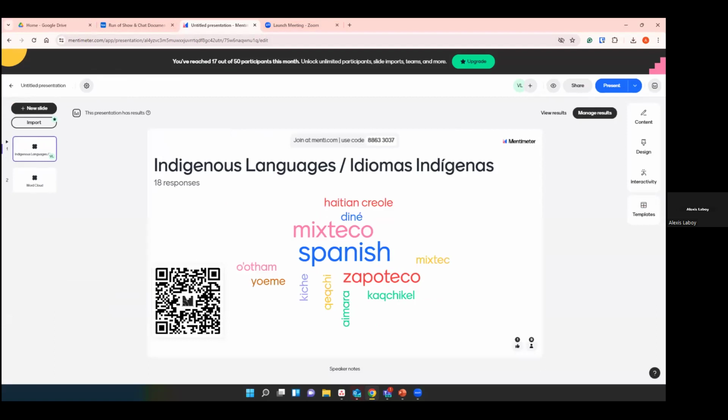Great. So as you start adding more answers, if the answer is repeated, you will see that it gets bigger. So we can see there that Spanish is one of the main languages, but also Mixteco, Zapoteco, and then some other languages as well. We see Quiche, Haitian Creole, Mixtec.